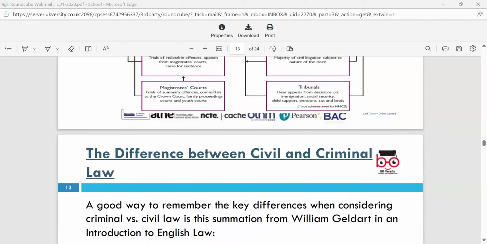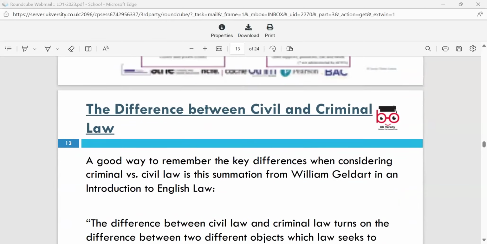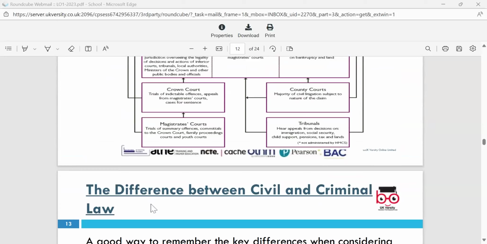So now we're going to go on to looking at the difference between civil and criminal law. What do you think the difference is before we go into it? What do you think the difference is, Keith? I think a civil law is maybe a disagreement between one another. Yes, excellent. And what do you think criminal law is?